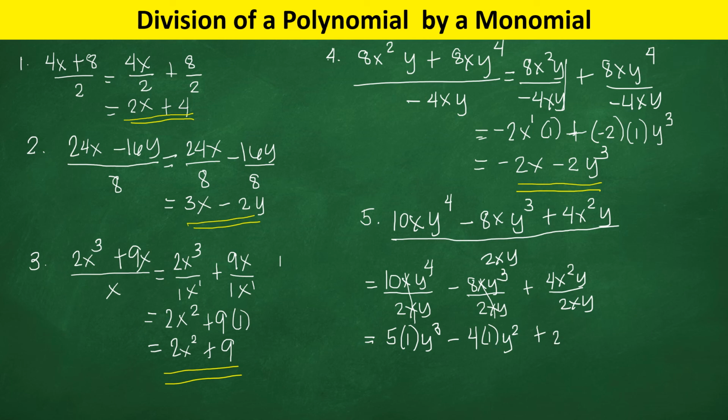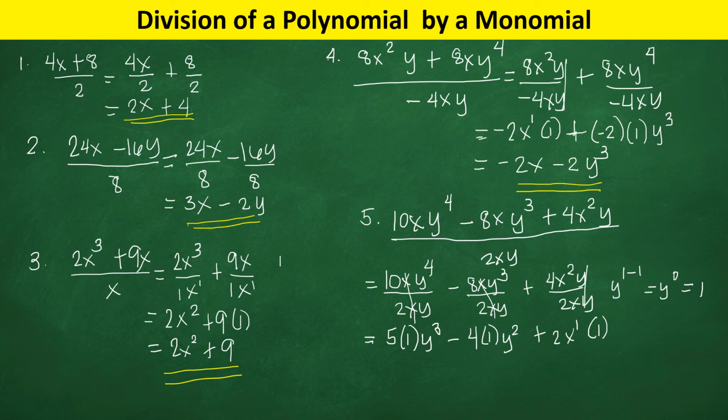Then, the same base, copy the variable x. 2 minus 1 is 1. Then, y divided by 1. So, this is already equal to 1. Parehas sila ng variable. Parehas ng exponent. So, this is y raised to the 1 minus 1. So, y, 1 minus 1 is equal to y to the 0. So, this is also equal to 1.